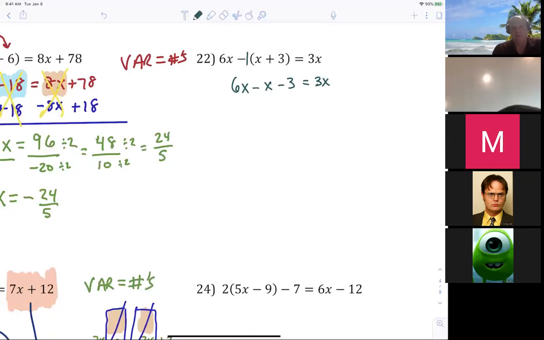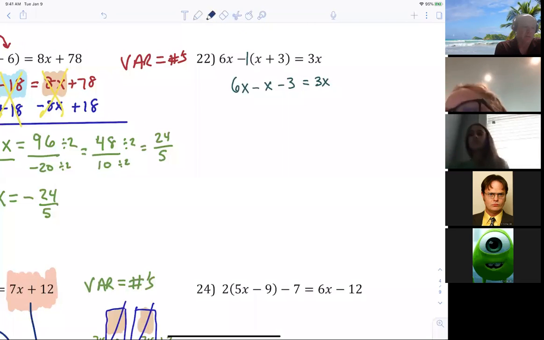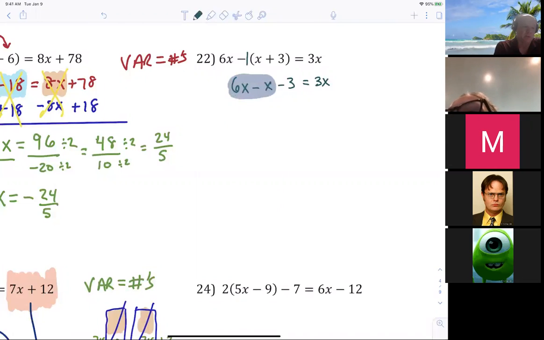How's that going? Everybody okay with that? Now we have to combine. Now we're going to combine terms. 6x and -1x. 5x minus 3 equals 3x.